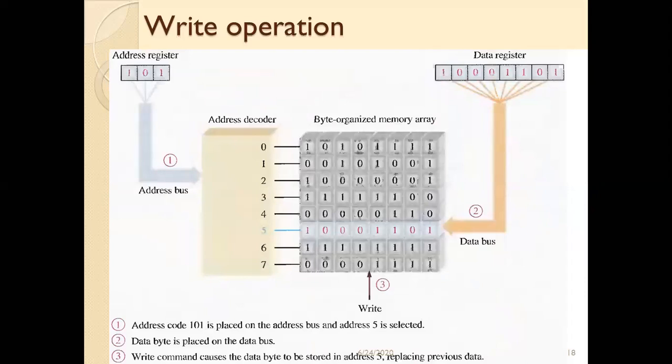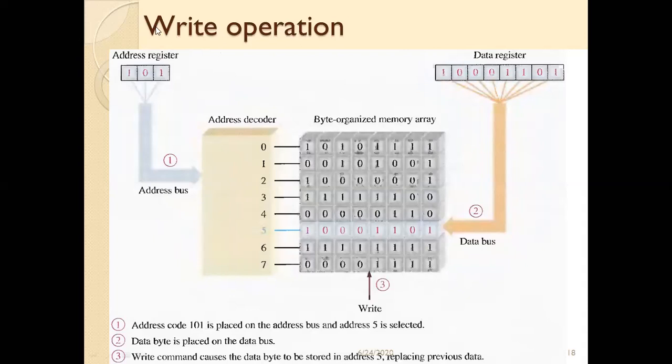Now, in some more detail, I will give you some visualization with the help of this diagram. Here you can see your data in the form of zeros and ones, and you can see the address decoder, and you can see every operation very clearly.